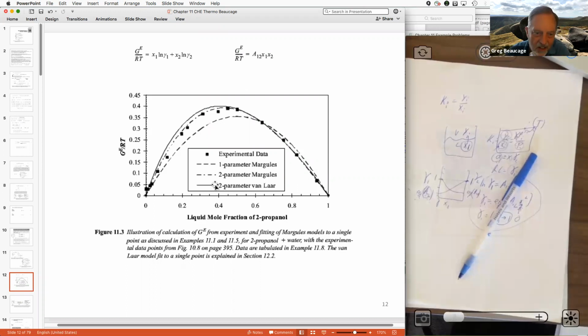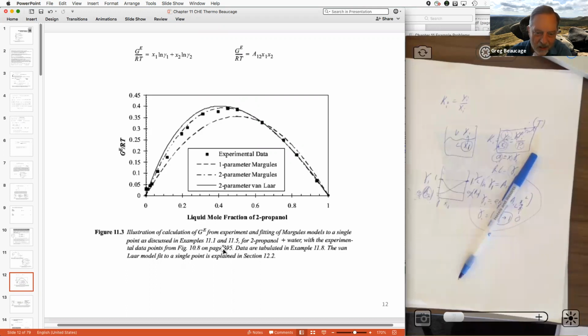That's because for this situation, to get a positive deviation, the propanol has to like propanol more than it likes water, and the water has to like water more than it likes propanol. And it turns out the water likes water more than the propanol likes propanol, and that makes it skewed over to one side, towards the water side.